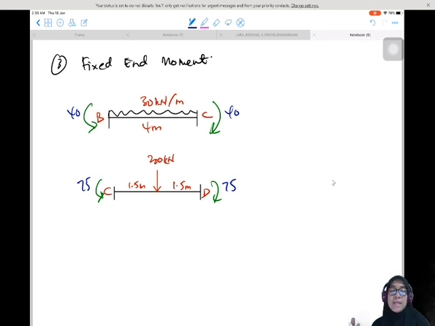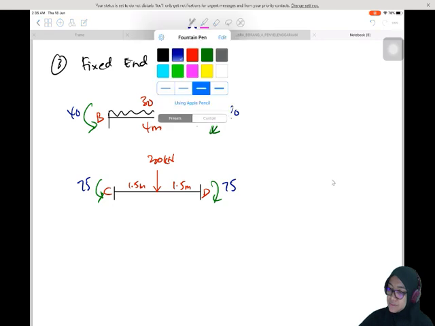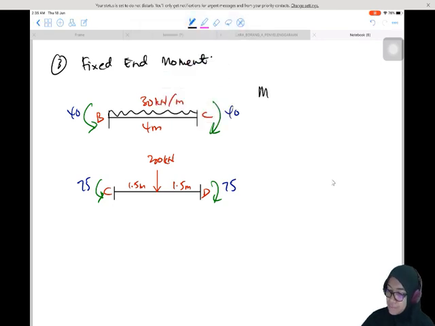Remember that in the table later, the fixed end moment will become the first member end moment in the system. So here, MBC is equal to, remember that this fixed end moment, we have to compare with the sign convention. The sign convention we use for the moment distribution method is clockwise positive. So for BC it is negative because it is anti-clockwise, negative 40 kilonewton meter.